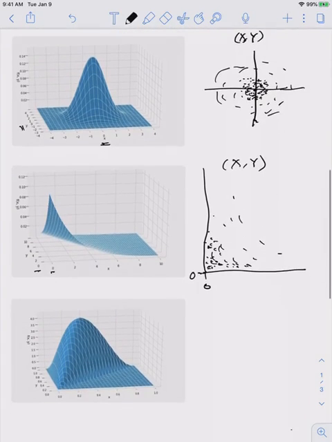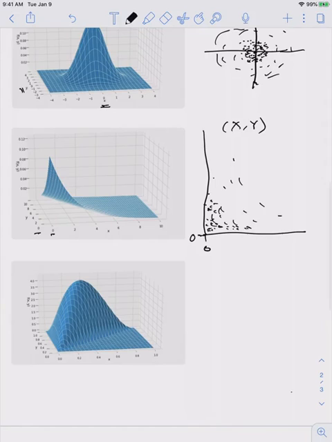And here is a third. This one is on the points x comma y, where values of x are from 0 to 1, but look, it's flat. The density is 0 in some regions, and the values of y are also from 0 to 1.